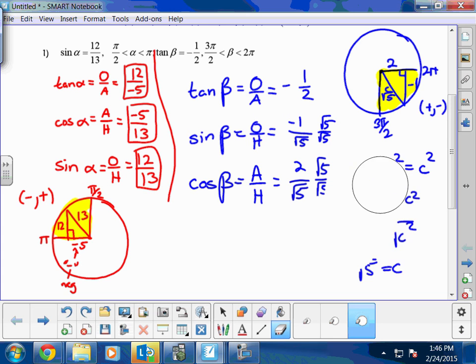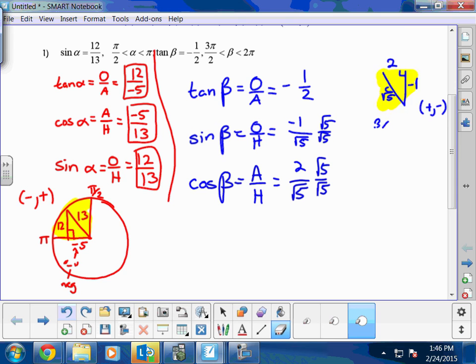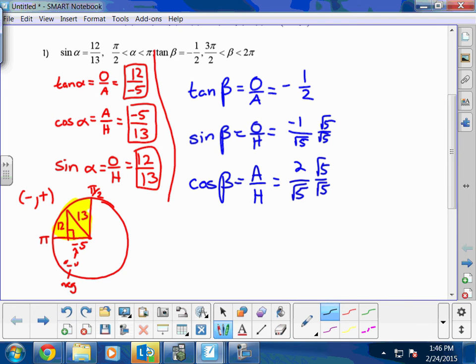Let me erase this because I need space. Erased a little too much. Go ahead and try that again, be a little bit more careful. And in this case, let's go ahead and actually finish the rationalization of this. All right, now this is going to be 2 square root of 5 over 5. Square roots cancel out.